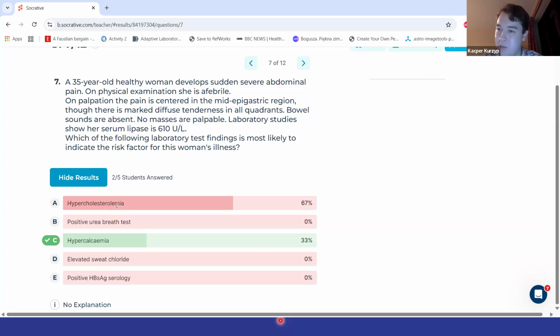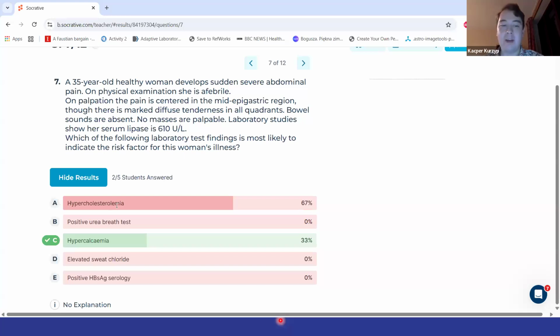Now, calcium is the annoying little thing of pancreatitis. Why? High calcium is a risk factor for getting pancreatitis. However, low calcium means that your pancreatitis is going to be severe.